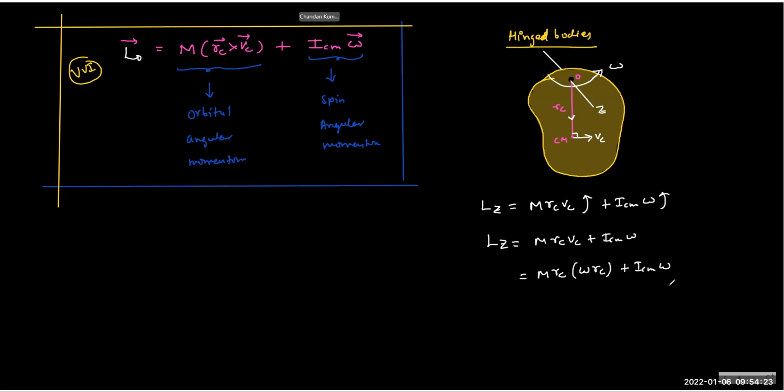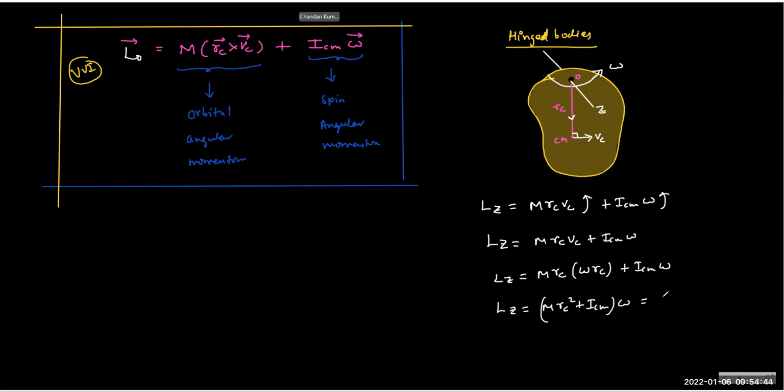Therefore, omega is sufficient to represent the velocity of that point. And now, if you look carefully, this is exactly the parallel axis theorem: I_CM plus m r_c whole square.